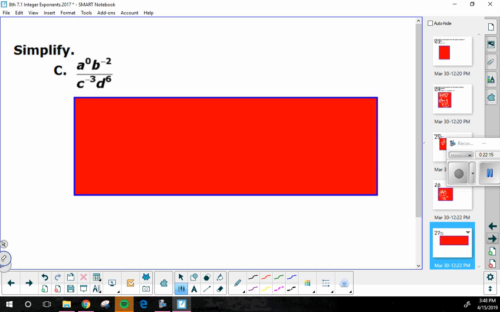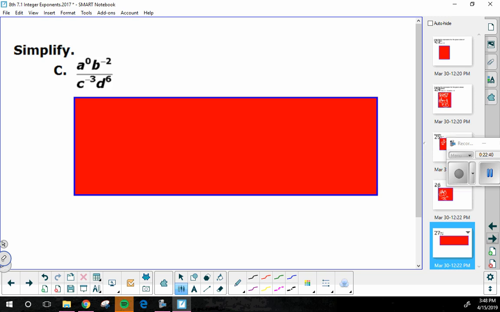Here we go. Write this one down. This will be our last one. A to the 0, B to the negative 2, C to the negative 3, D to the 6. Make sure you wrote it down because I didn't say those were under. So the C and the D are in the denominator. Okay, we're going to look at each variable. Move, stay, go away.